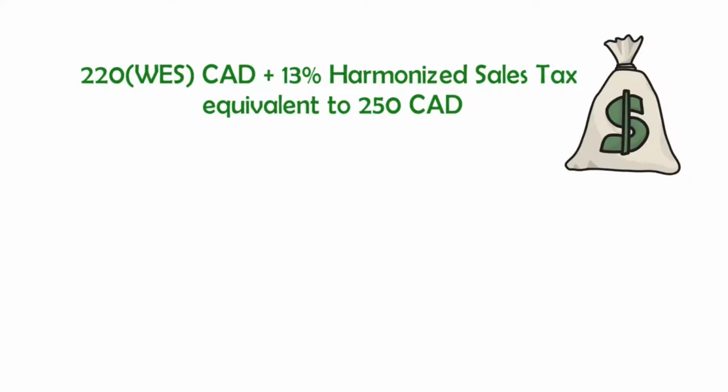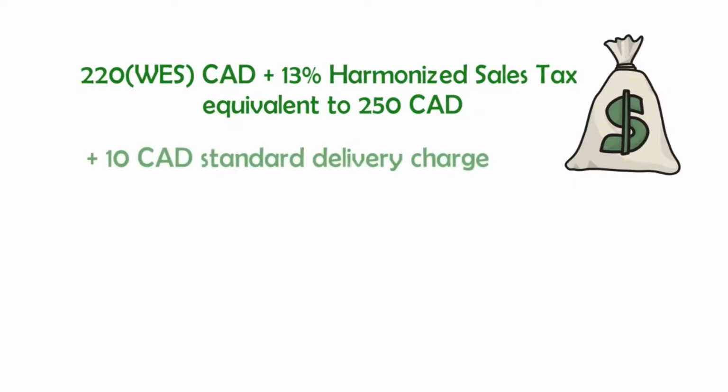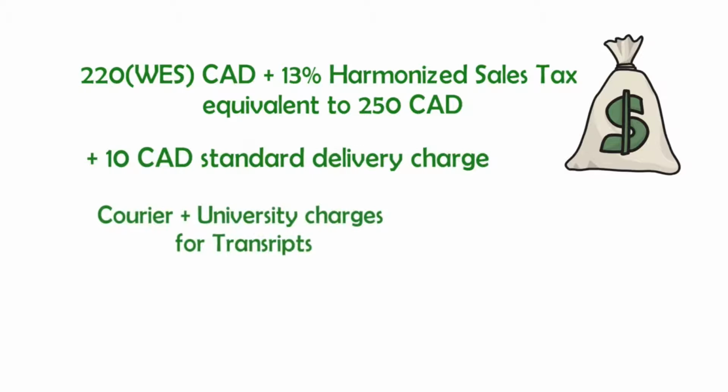If you are applying for PR from outside of Canada, then you can get this 13% harmonized sales tax back if you apply for a refund at a later stage. On top of this, there is a $10 standard delivery charge for your educational assessment report. Additionally, there will be some charges from the university's side when you request your transcripts, and also the courier charges for sending the transcripts to WES for evaluation.